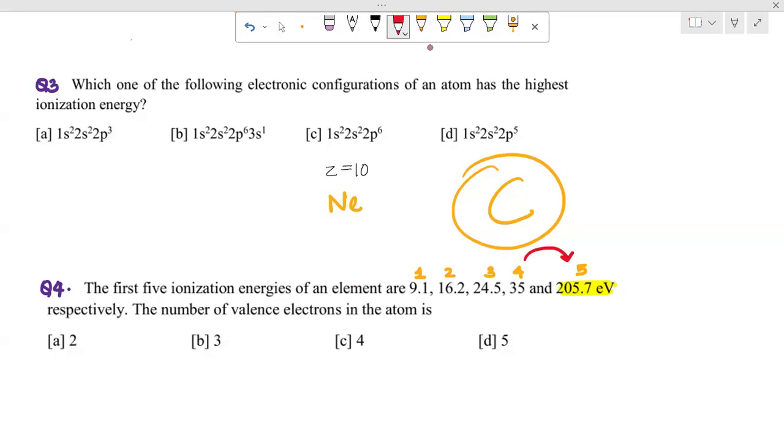That is because it might have attained noble gas configuration. Logically, that is what we think. So the number of valence electrons, the answer is easy, 4. Because after 4, it will have noble gas configuration.